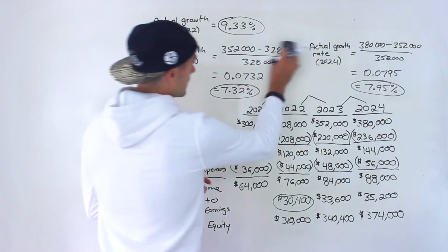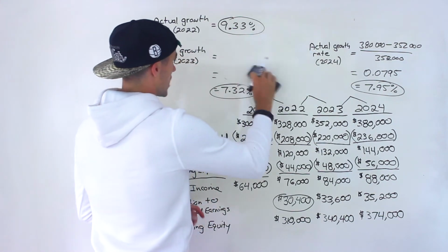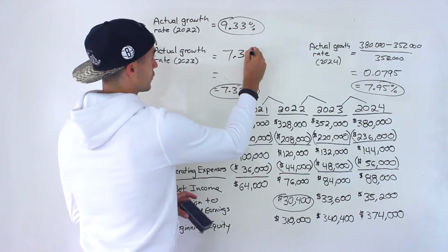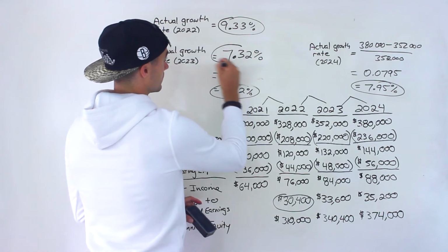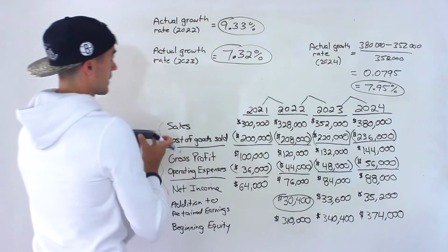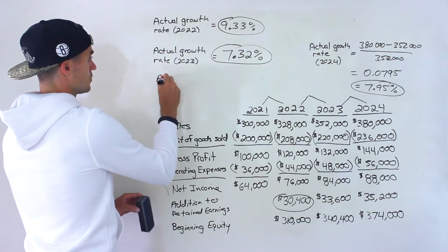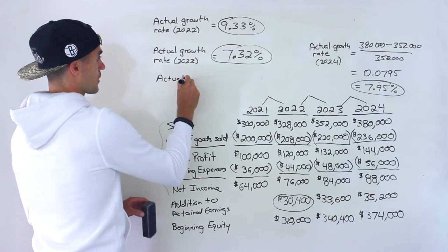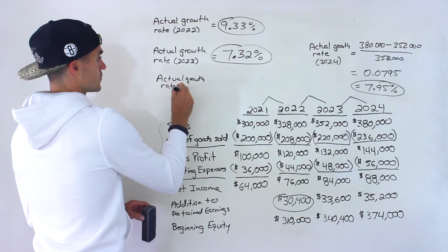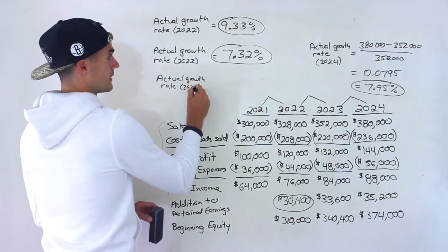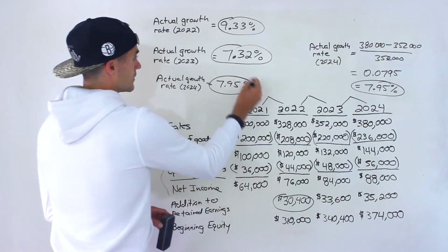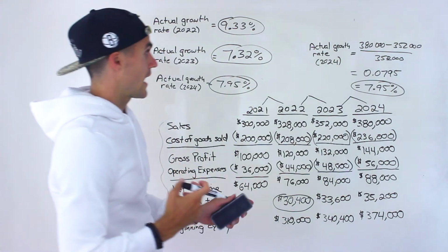So we have the percentage at which the company is actually expanding, which is the rate at which their sales are expanding. So I'll put actual growth rate 2024, and that is 7.95%. So we're basically halfway done with the question.